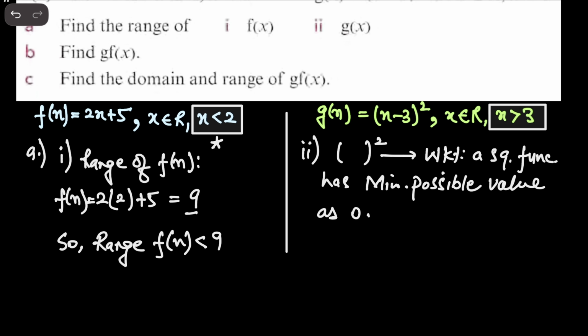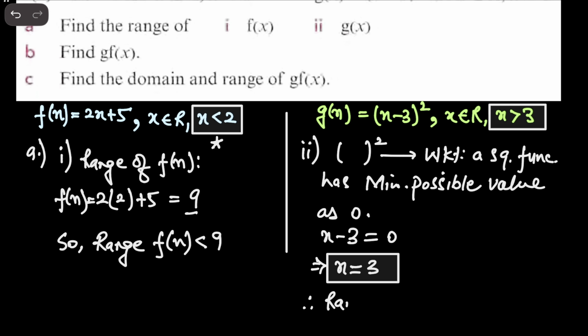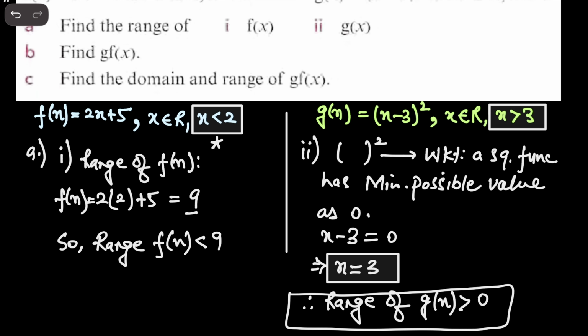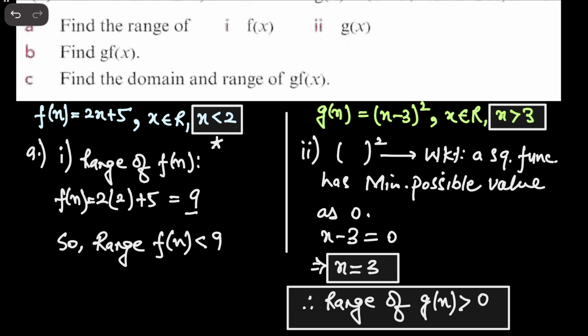And we attain this value 0 when I put x minus 3 equal to 0, which gives me x equal to 3. And the domain is saying that x should always remain greater than 3. Therefore, we can say that the range of g of x will always be greater than 0 according to the given situation. Okay, so yes, we are done with part A, both the first and the second part of it.